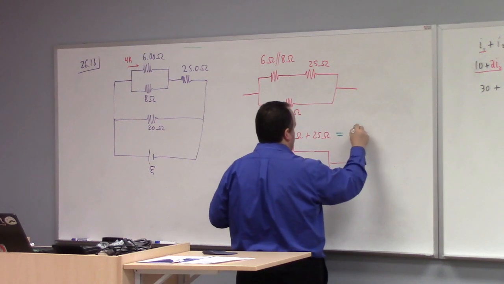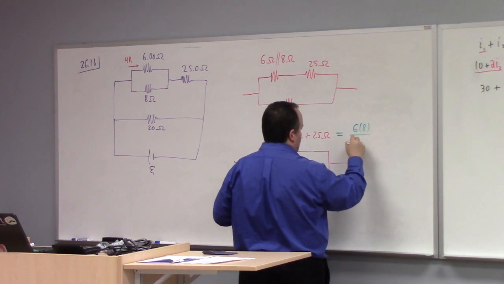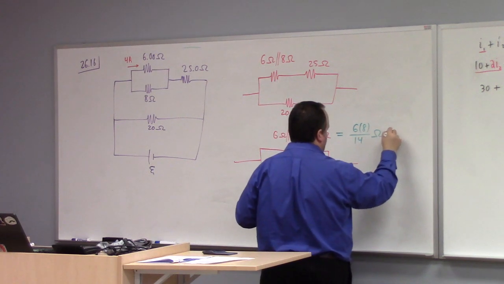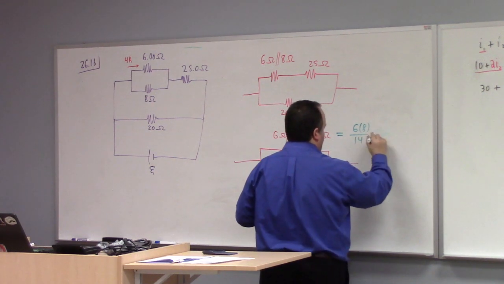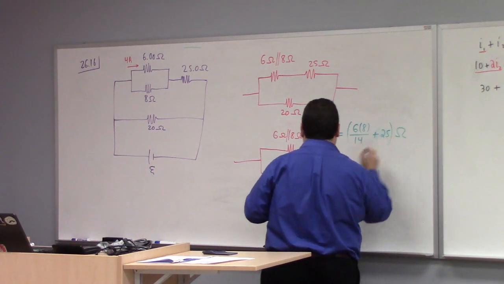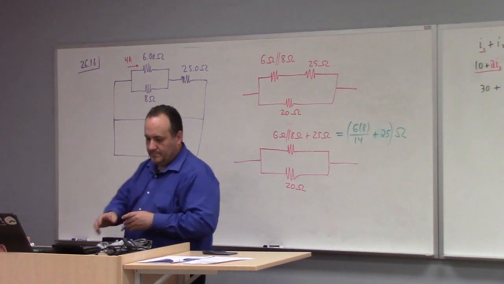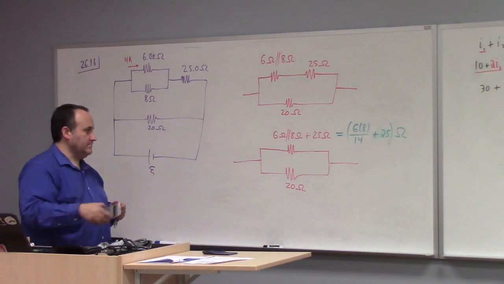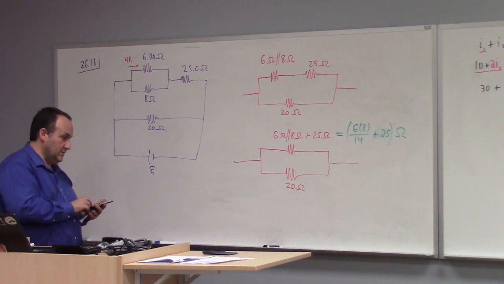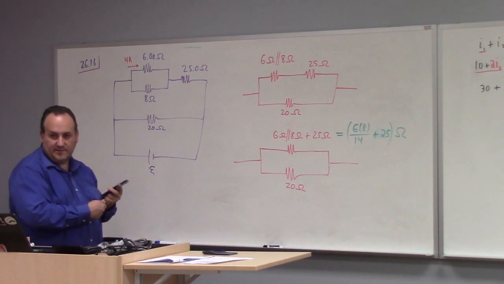We do 6 times 8 over 6 plus 8, which is 14 ohms, plus 25. What's that? Nothing too pretty, is it?